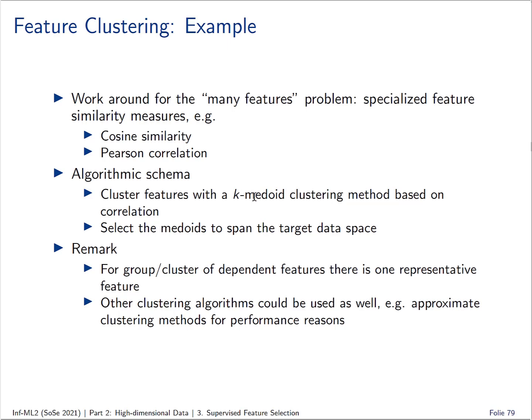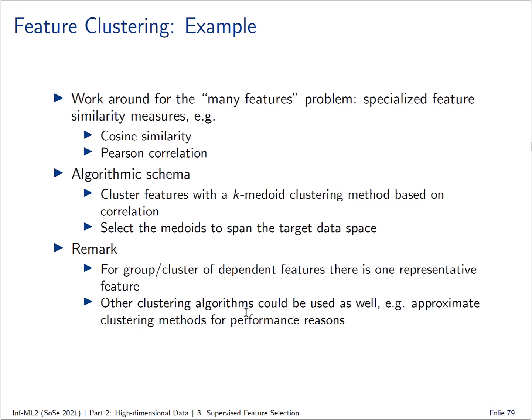It need not be k-medoid or k-means. K-medoid is better than k-means, obviously, because we need the resulting features, so we need original features from each feature cluster. But anyway, other clustering algorithms could also be used, of course. For example, approximate clustering methods for performance reasons.